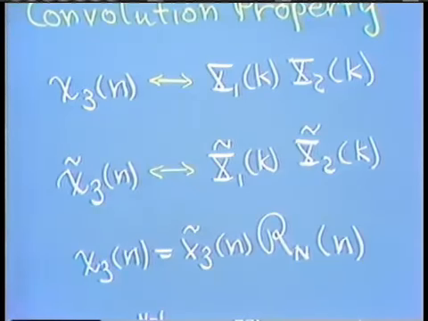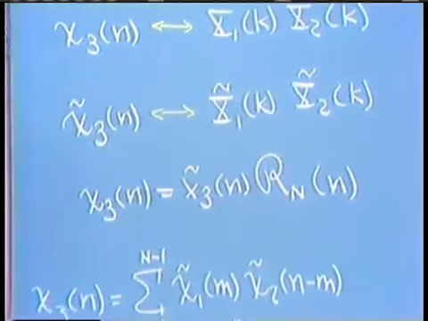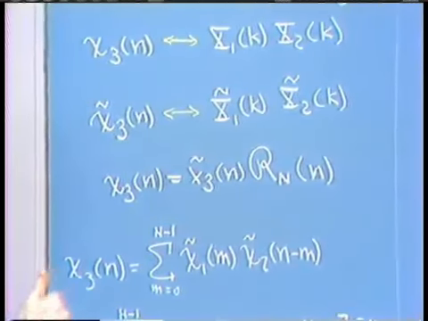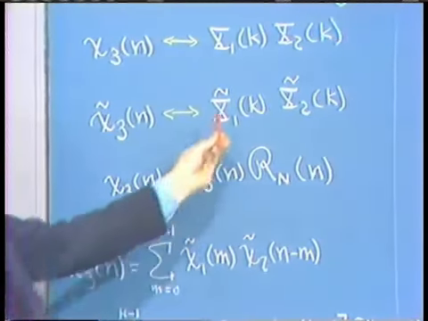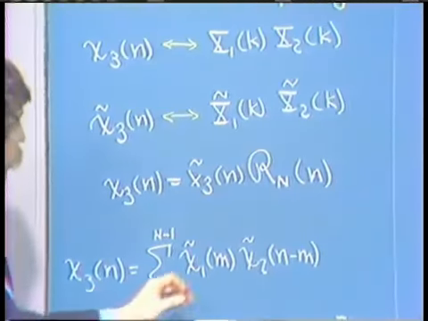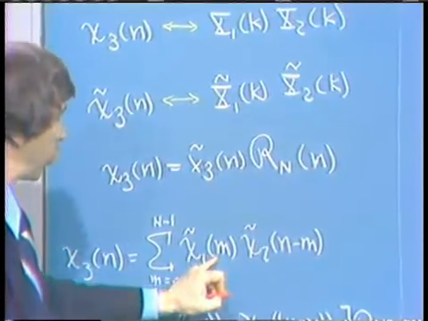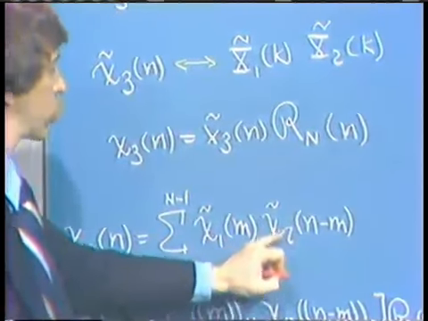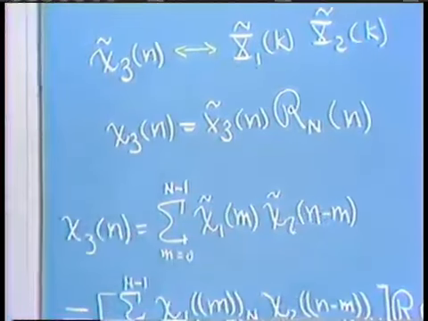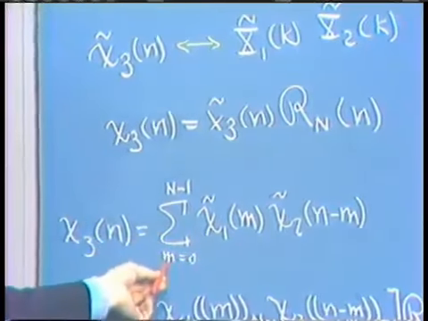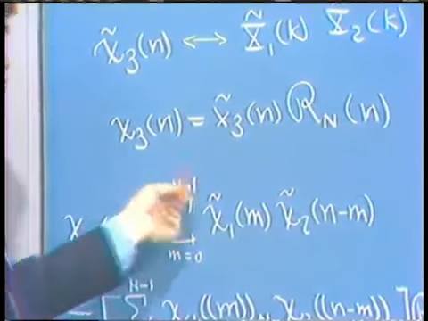Well, we know how to form, from the last lecture, the convolution that corresponds to multiplying the discrete Fourier series together. And that convolution was the periodic sequences x1 tilde of m and x2 tilde of n minus m, summed over one period, that is, from m equals 0 to capital N minus 1.